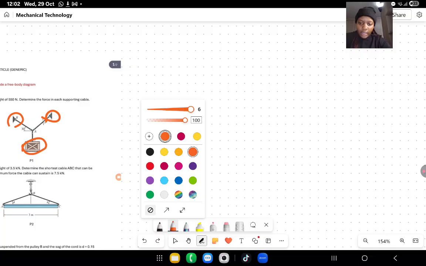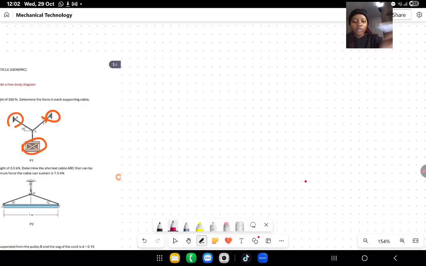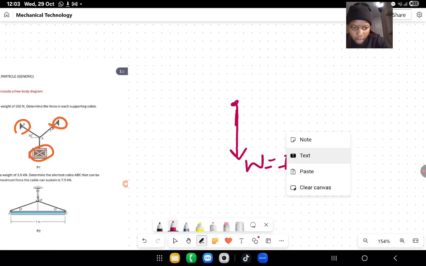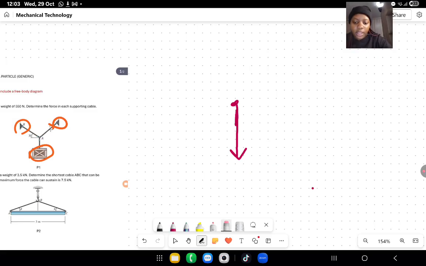Let me use another color for the free body. Okay, so our free body diagram will be like this. This will be our weight going down, which is our FAD. So let's write FAD here.